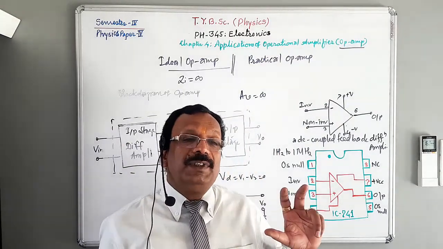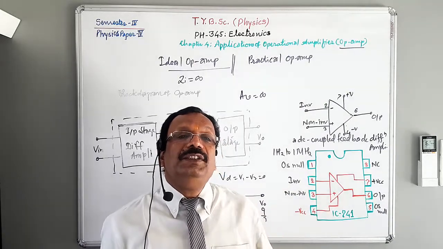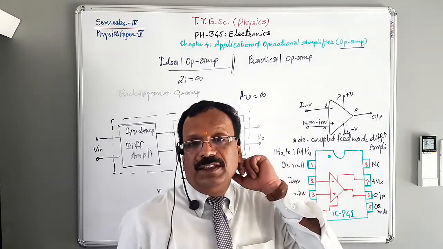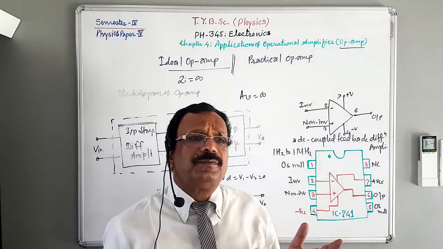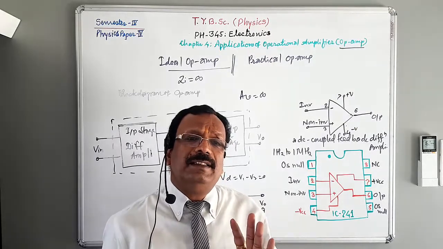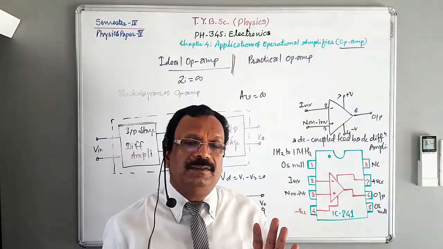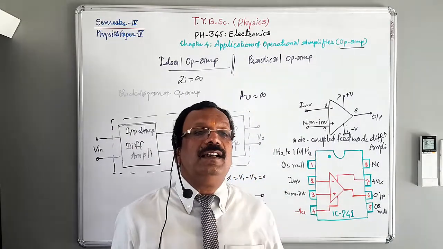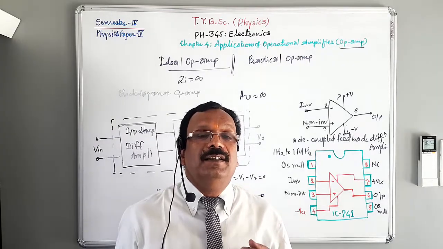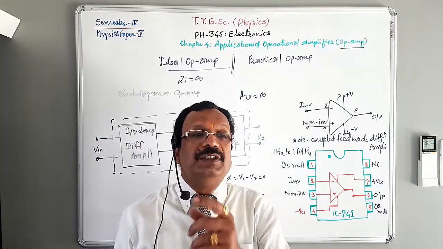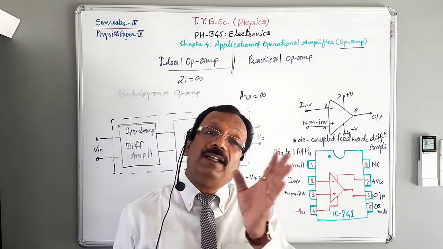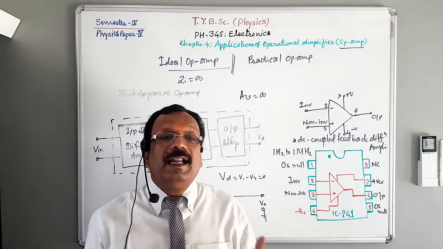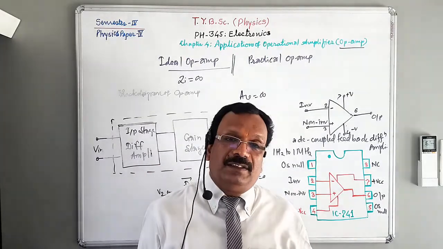When voltage offset and current offset are 0, it ensures that when the input signal voltage is 0, the output signal will also be 0 regardless of the input source resistance. Very important.